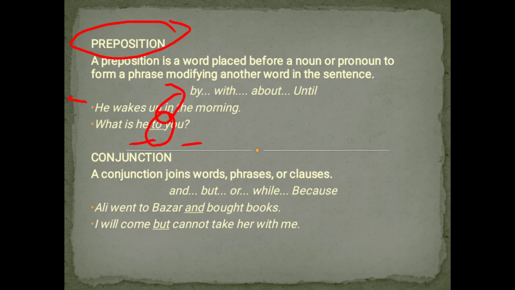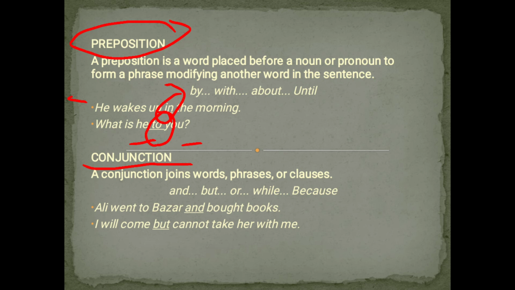Another part of speech is conjunction. A conjunction is a word that joins two phrases with another phrase, or two phrases in one sentence, like and, but, or, while, because. These are conjunctions. Let me give you an example. Ali went to bazaar and bought books.